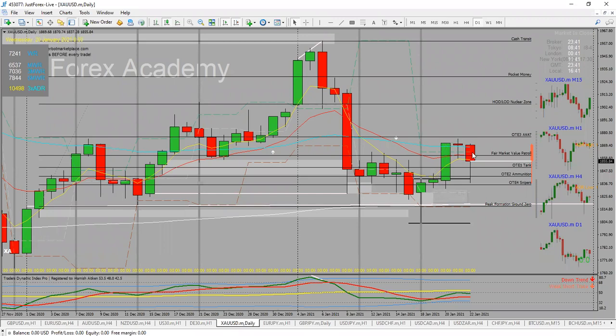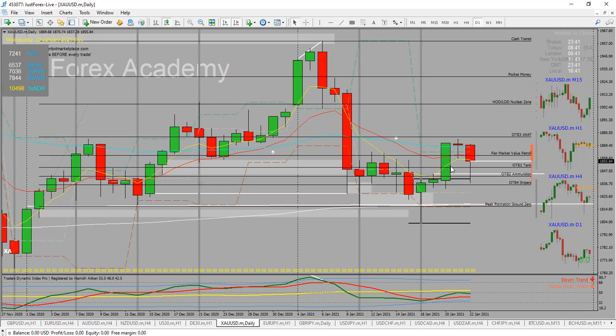So the market came to test this week, then gave us the food zone. So I was expecting the market to go above and go to test these zones. They didn't. They just used this area as the food zone going forward.